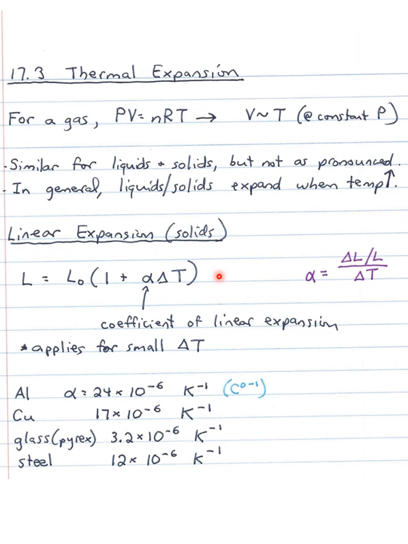Keep in mind that there's limited scope for when this equation will work. If you double the temperature, or triple the temperature, you might end up melting the material. So this equation works as long as, you can see it's written here in parentheses, this applies for small changes in temperature.